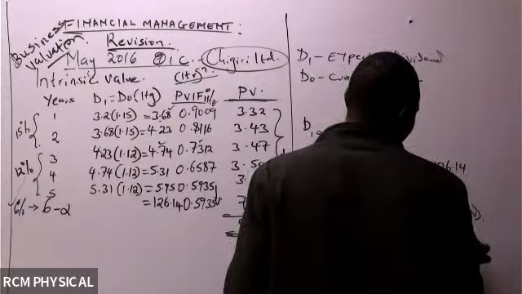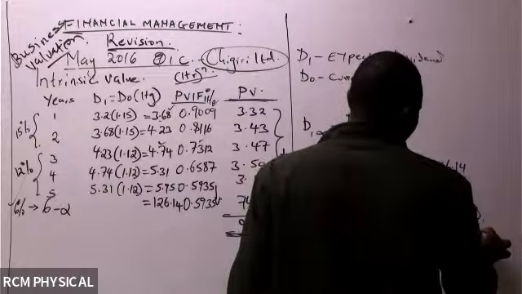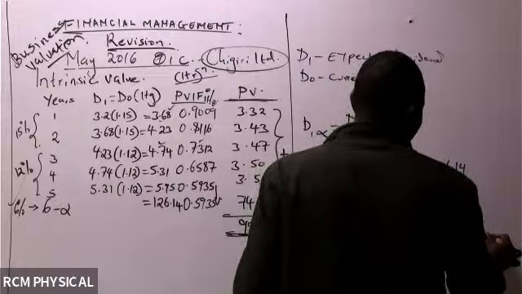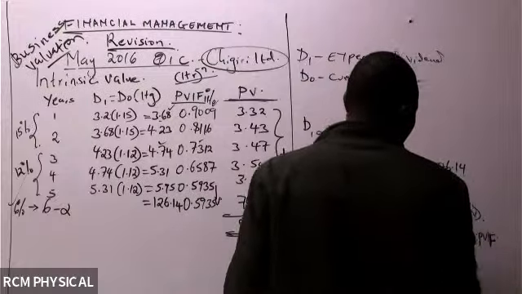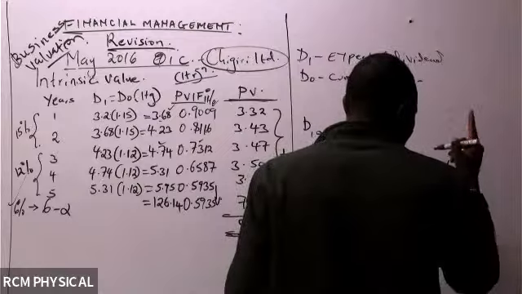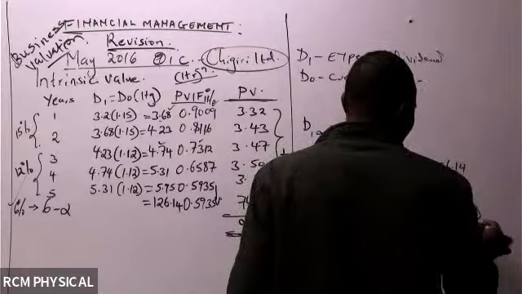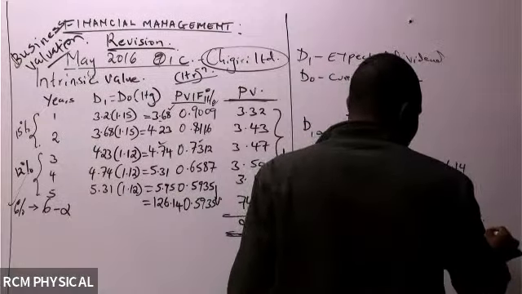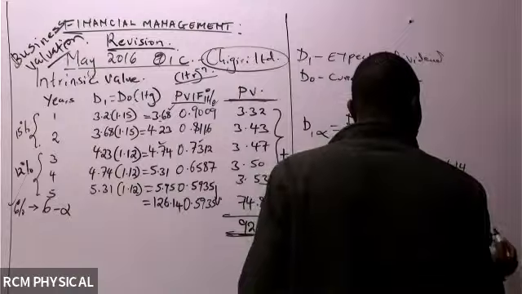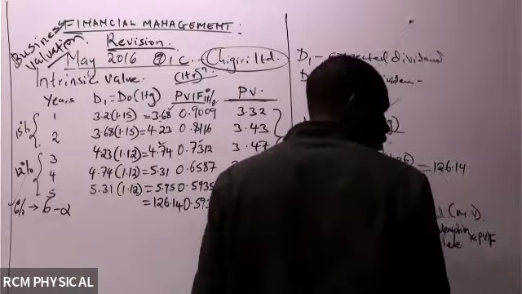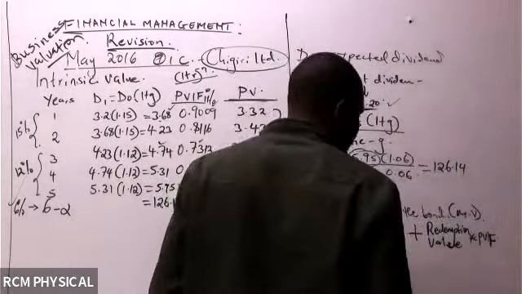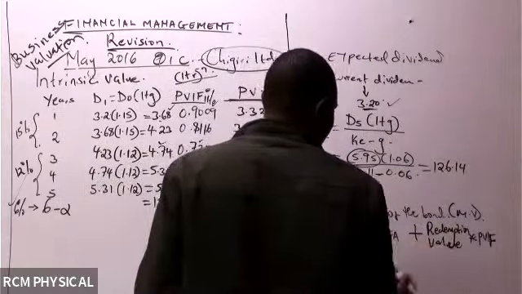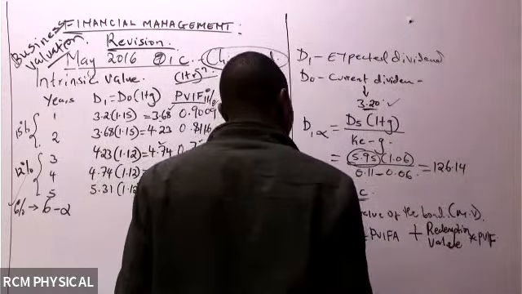We say redemption value times PV because it will be redeemed at the end of the maturity period, at which the redemption value will be received. That's why we are discounting using PV. It's a one-time value.